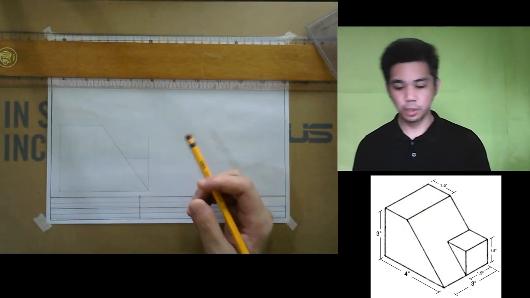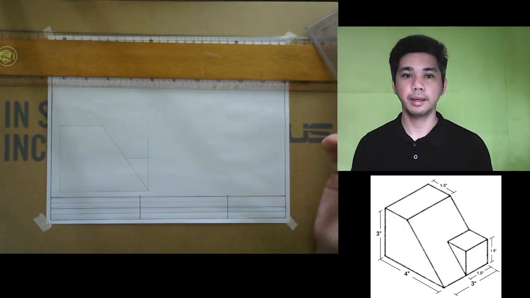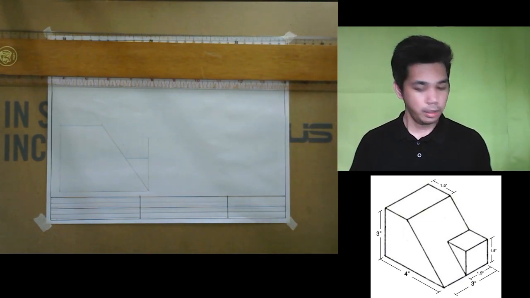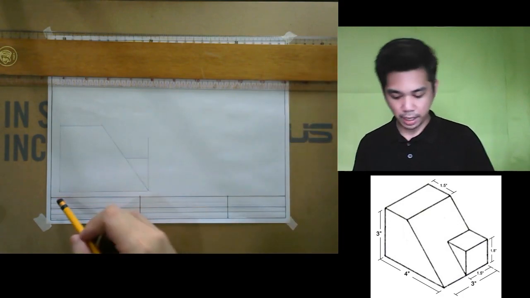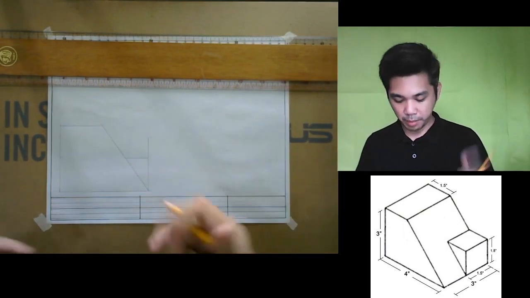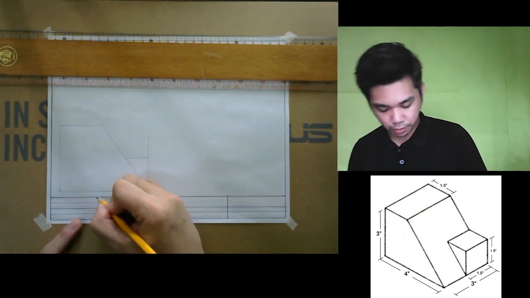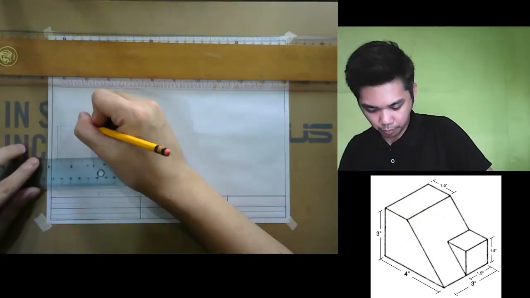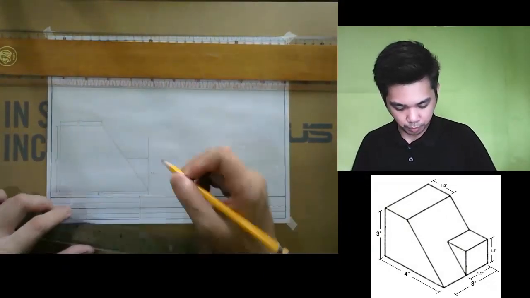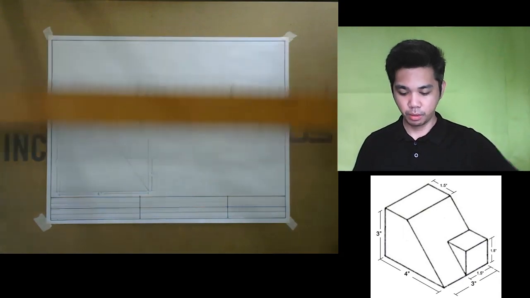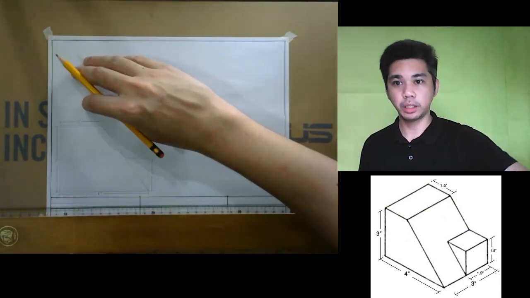Okay, next we are going to create a top view. Since we already have 4 inches, or maybe it's best if I put dimensions first. Okay, so we are going to create the top view here.